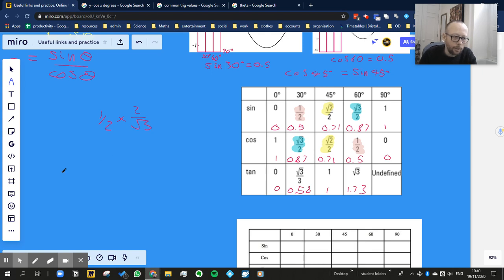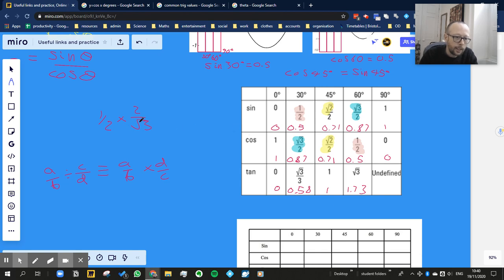Basically, a over b divided by c over d is identical to a over b times d over c. When you flip it upside down, it's the same as timesing. So dividing by a fraction is the same as timesing by the upside down version of the fraction.